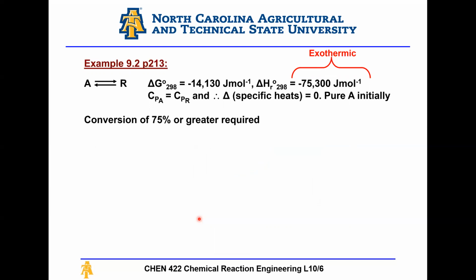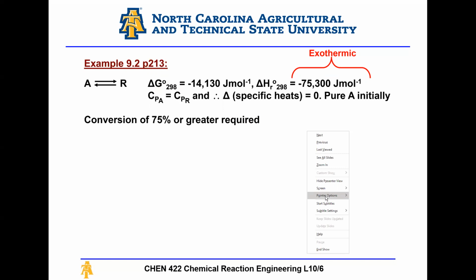So in this example, I'm given a reversible reaction. It's A goes to R, back and forth, right? Completely reversible. And I'm given some thermodynamic information. You can see here, I'm not given any information about CA0, just thermodynamic information. First piece of information is delta G, which is your Gibbs free energy. And again, it's important for you to remember this.